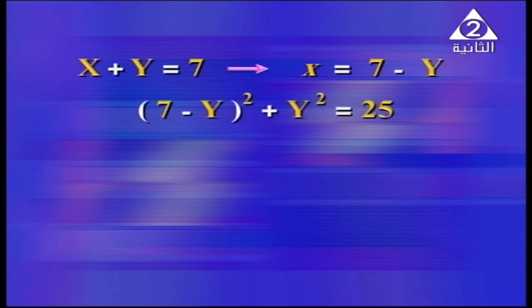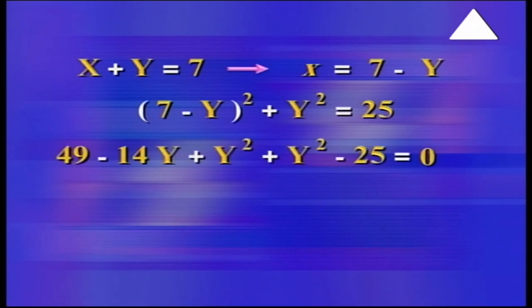And by substituting x for 7 minus y, we are going to find that 7 minus y all to the power of 2 plus y power 2 equals 25. And then by expanding the bracket all to the power of 2, we are going to find that 49 minus 14y plus y power 2 plus the original y power 2, then minus 25 equals 0.